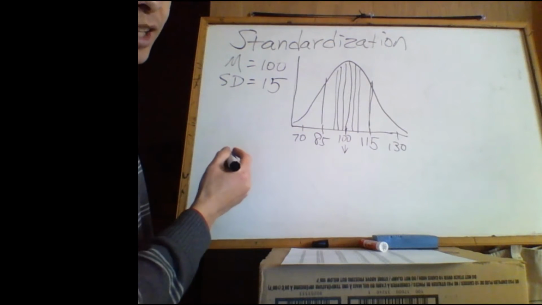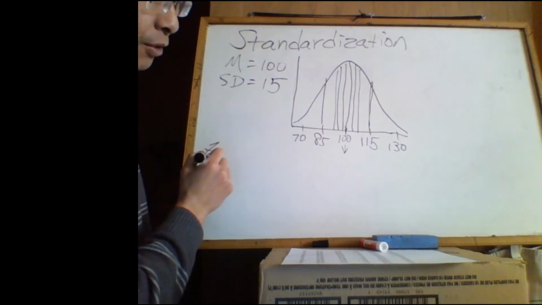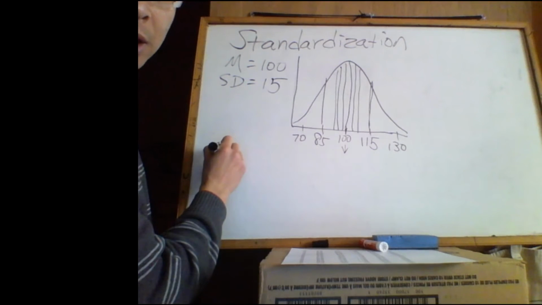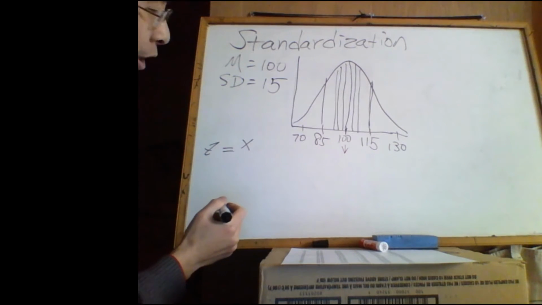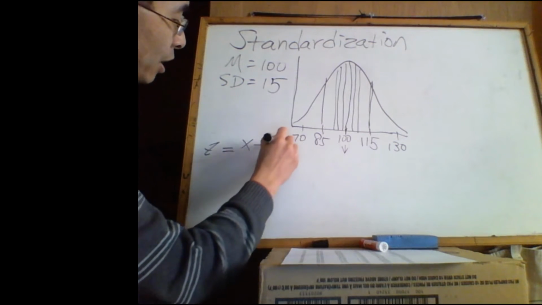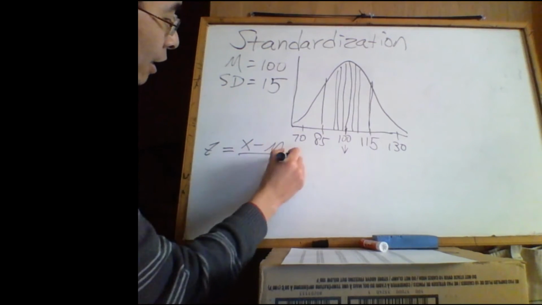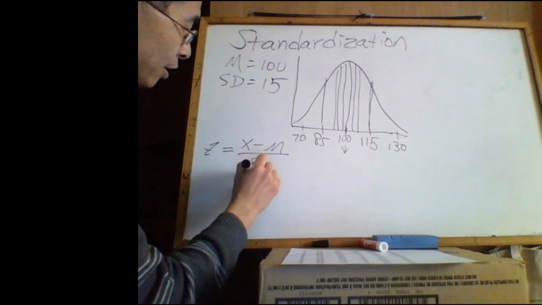The formula for the z-score is z equals x, where x is a particular score, minus the mean, in this case 100, and then divided by the standard deviation.